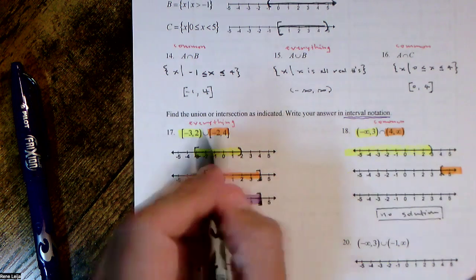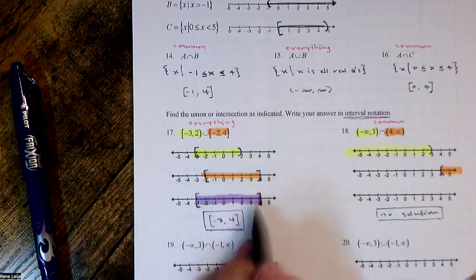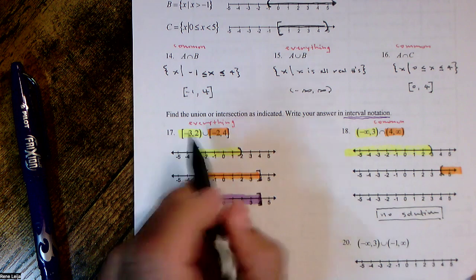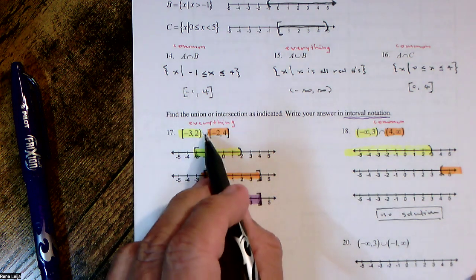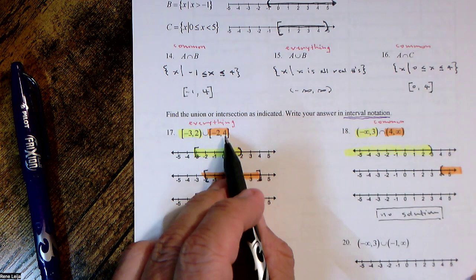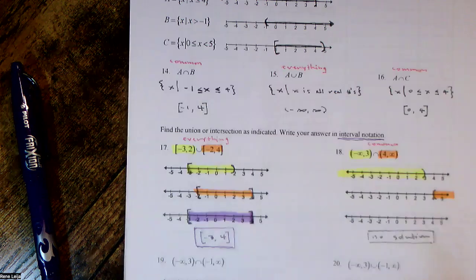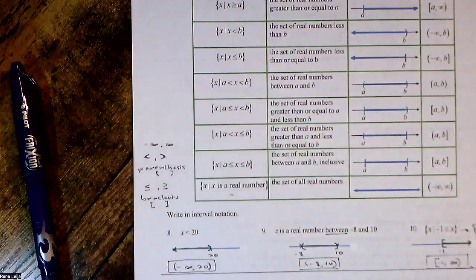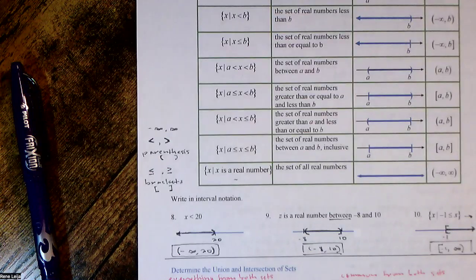Okay. For the union, I can pick a number and it has to work here or here. Okay. No, I need to stress this. This is very important.